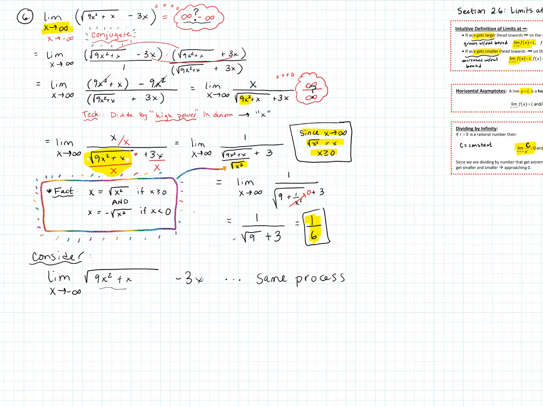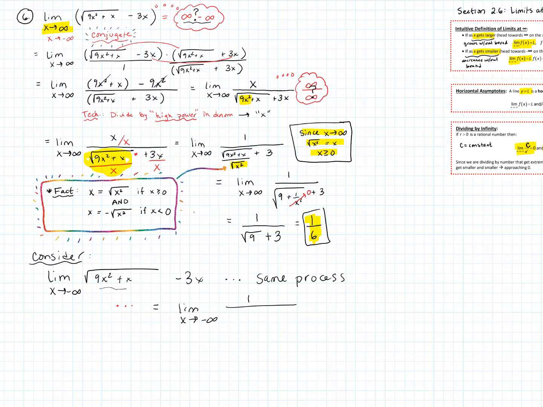We could come back through here. We would end up with the limit after we did all of the conjugate and all of the simplification. That's the part I'm going to skip, and I'm going to end up right here where I have that 1, and I would divide by it.